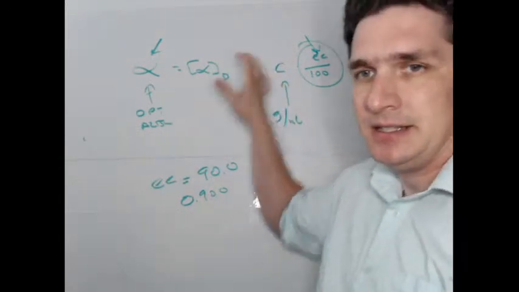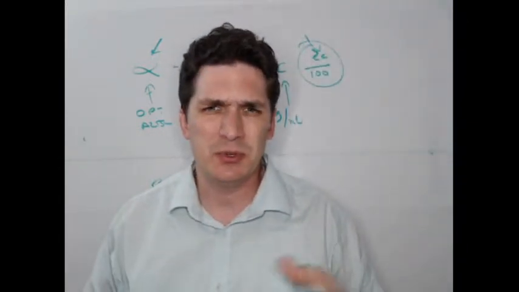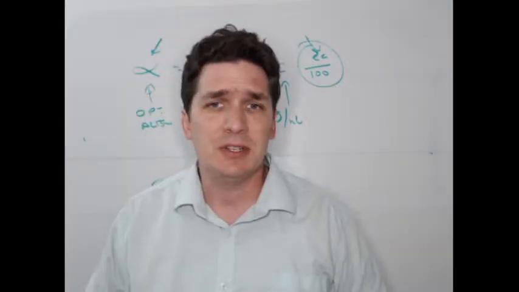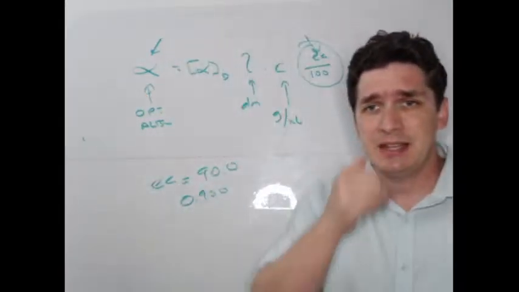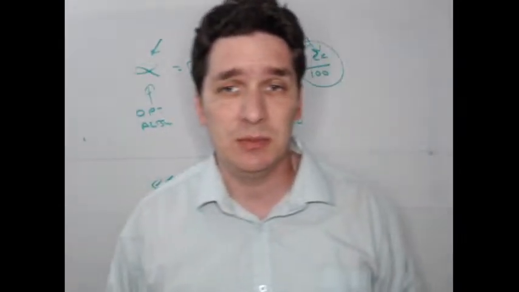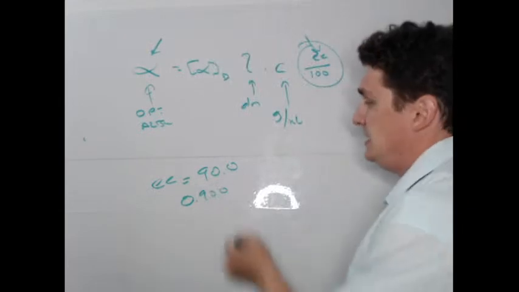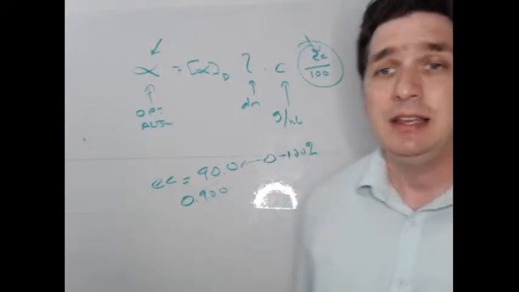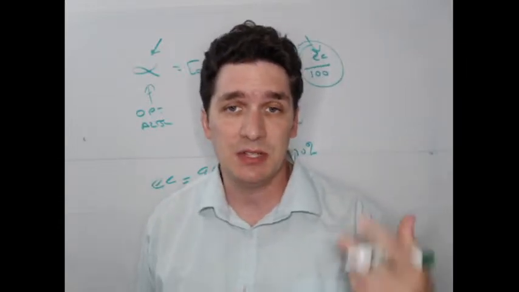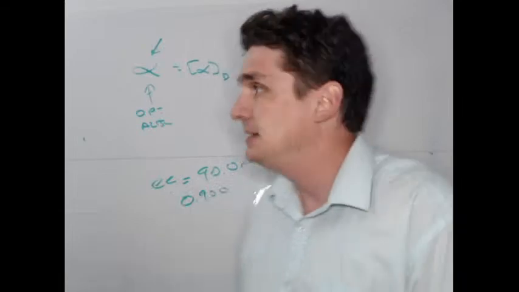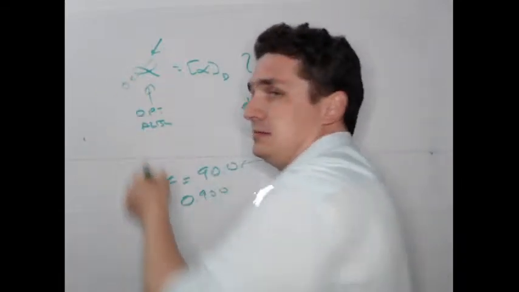Finding alpha, D, L, and C are problems more reserved for when we're actually taking test one. But in terms of the final exam, I can assure you alpha and EE are about the only two things you're going to be hunting after. EE, again, keep in mind, is going to be between 0 and 100%. If it is racemic, meaning equal mixtures of R and S, alpha here is by definition 0.